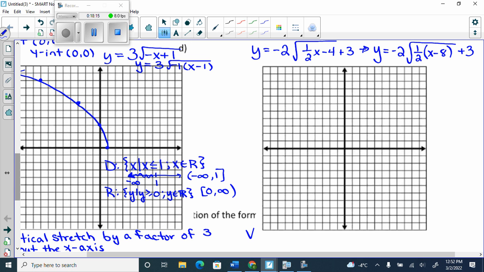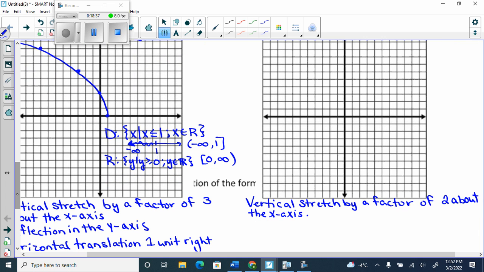So we have a vertical stretch by a factor of 2 about the x-axis, and a horizontal stretch by a factor of 2 about the y-axis.